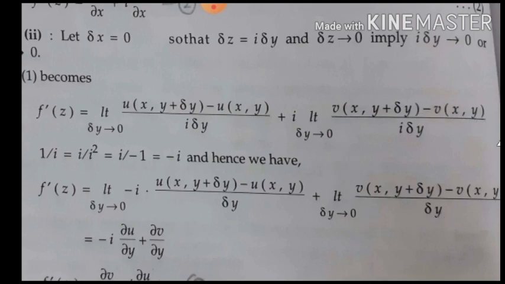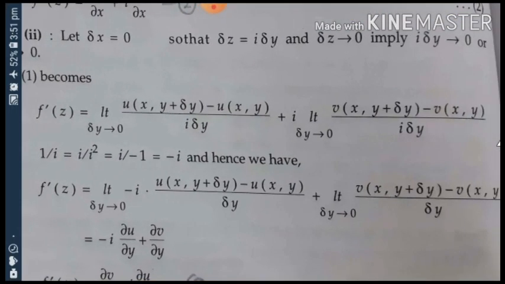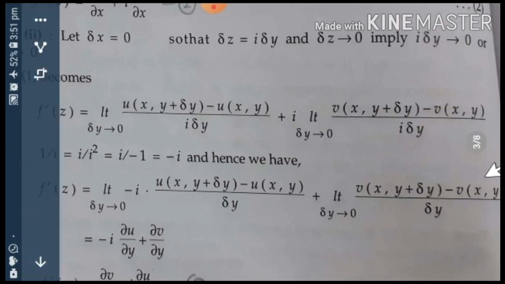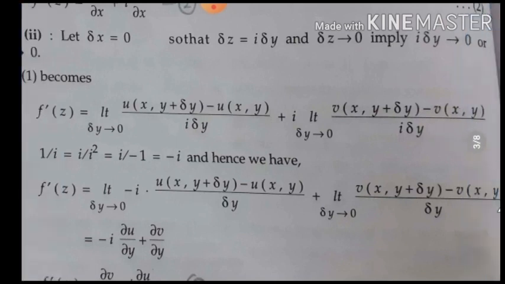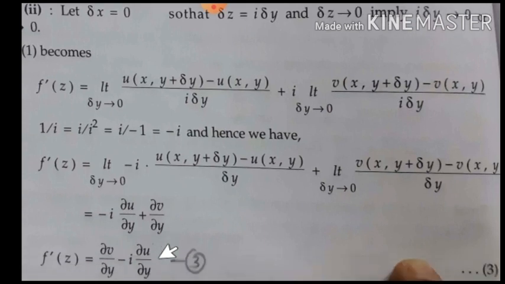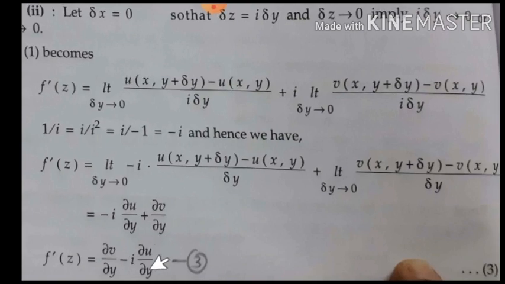So it is nothing but the definition of the partial derivative of v with respect to y. So we get the equation dou v by dou y minus i dou u by dou y.